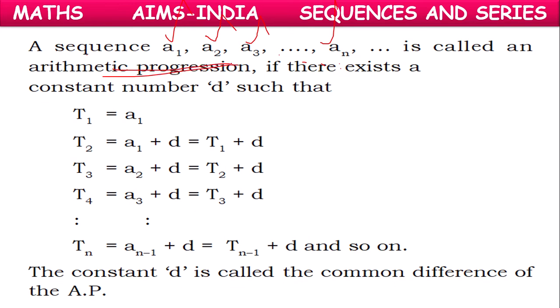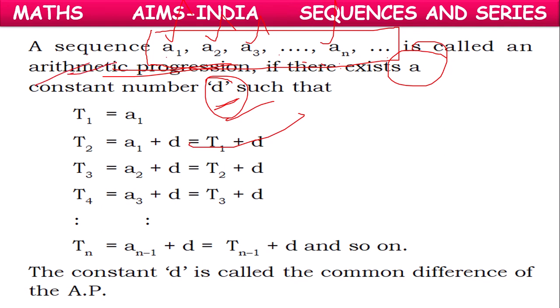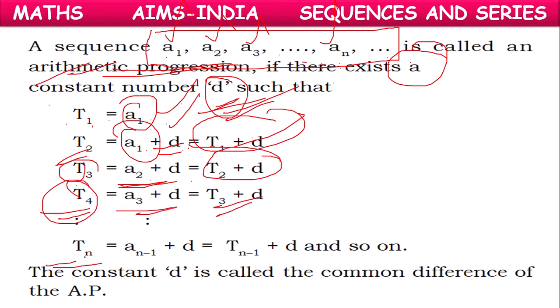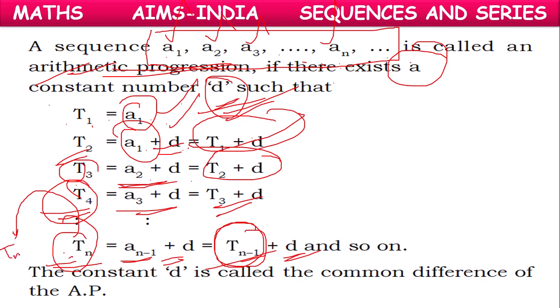This is called an arithmetic progression if there exists a constant number D such that T1 equals A1, the second term is A1 plus D or T1 plus D, the third term is T2 plus D, the fourth term is T3 plus D, and the nth term is Tn minus 1 plus D, where Tn minus 1 is the preceding term of Tn.